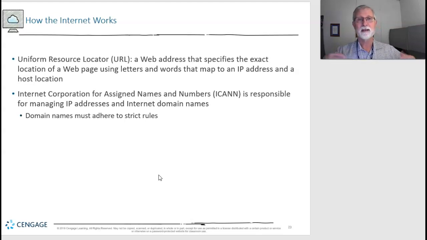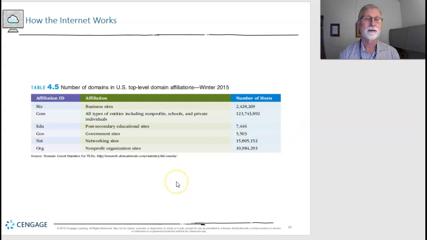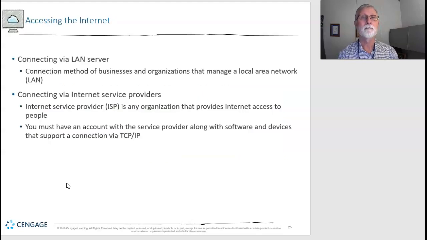The organization that manages these addresses is ICANN. It's broken down into several different layers in how it works worldwide. You've seen those .org, .net, .gov. All of this was defined by ICANN to help control how much traffic is flowing where, and just a better way of managing it.